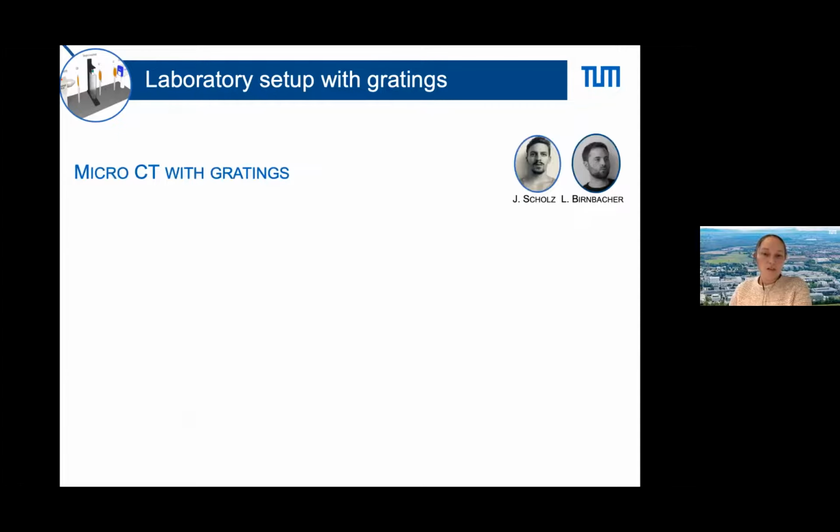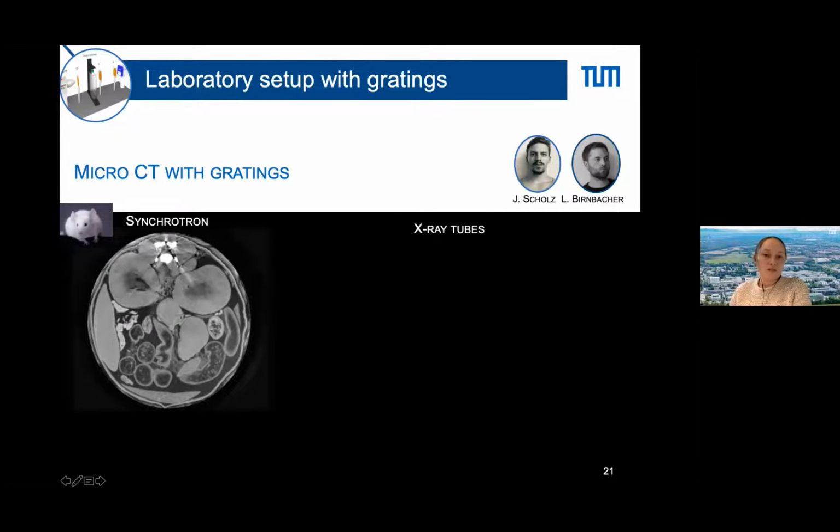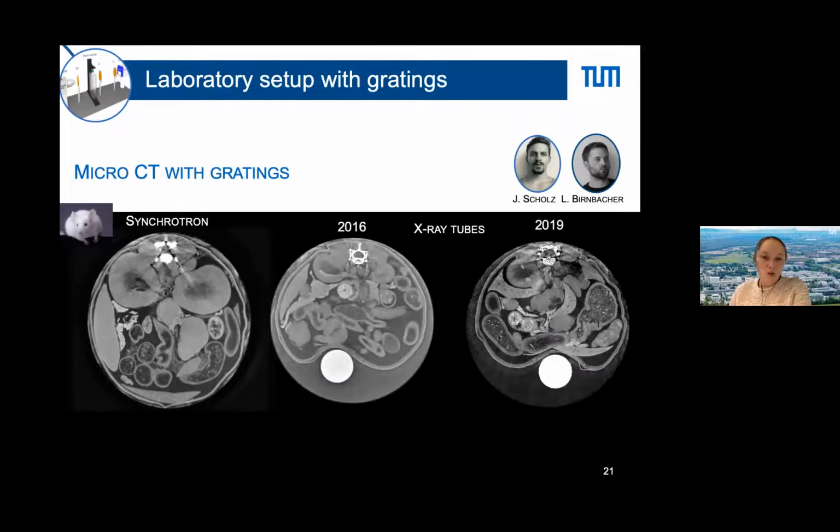So now my PhD student Josef Scholz and my postdoc Lorenz Birnbacher started improving with some technological improvements. Compared to 2016, we now have 2019, with even more improved image quality, mainly by using much more efficient detectors.